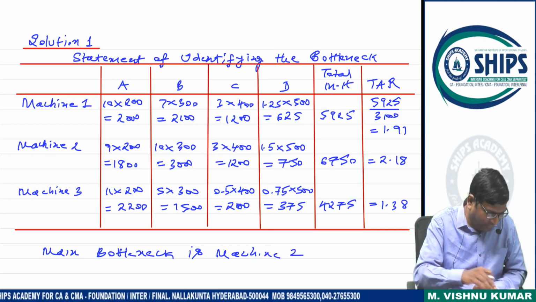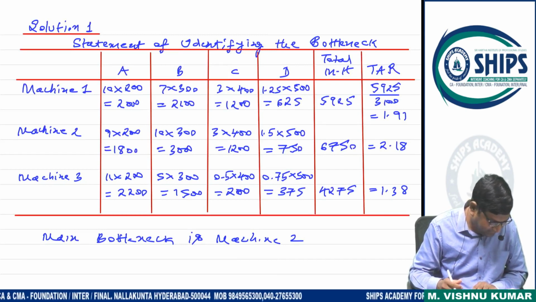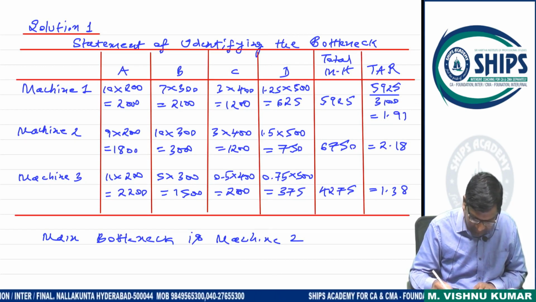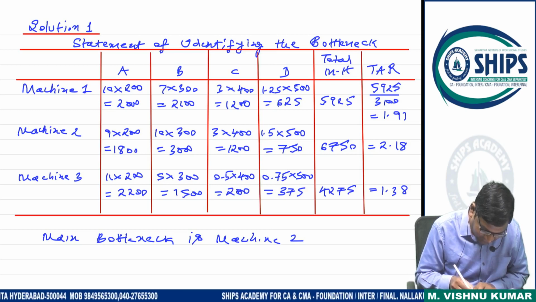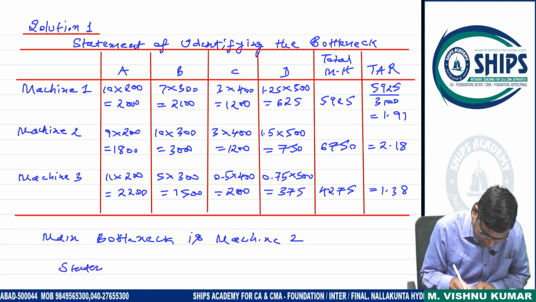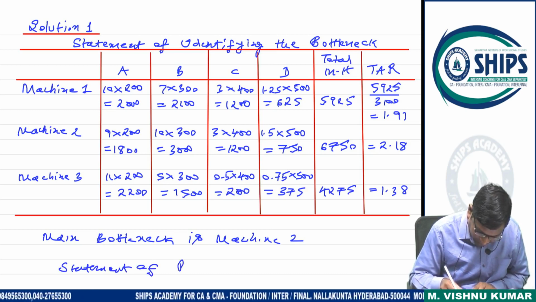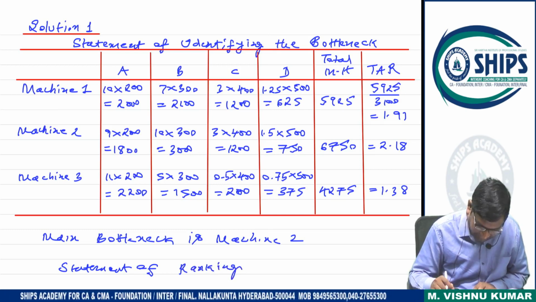Machine 2. Now according to this, you have to calculate the allocation of hours. For calculating the allocation of hours, first you have to calculate what? Throughput contribution per hour. So this is the statement of ranking.